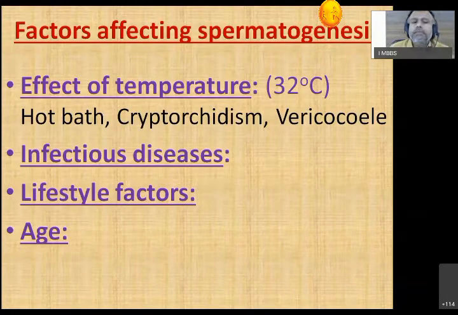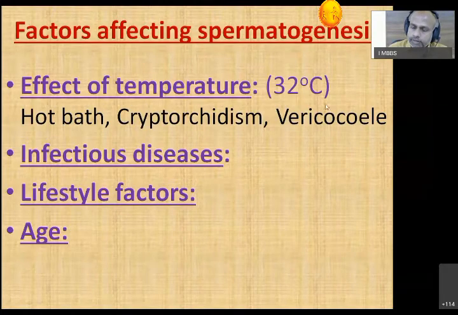Factors affecting spermatogenesis. We have seen the testes are freely hanging outside the body, in the groin. It means the purpose is maintenance of testis temperature at 32 degrees Celsius. That is the ideal temperature required for spermatogenesis. In undescended testis, the person remains sterile.